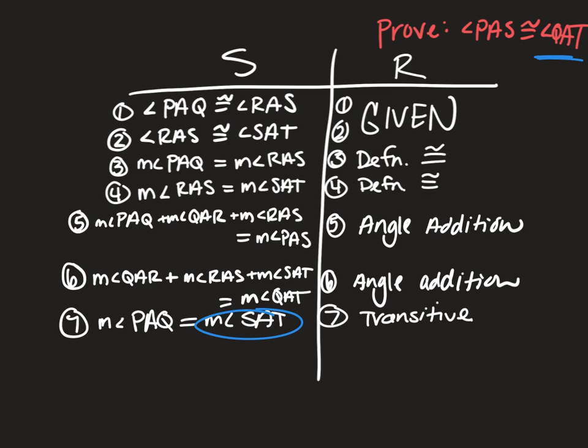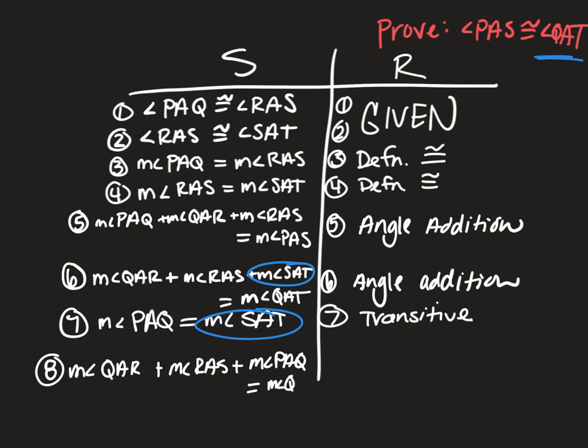Because we know this is equal to the PAQ. So then line 8 is QAR plus RAS plus PAQ is equal to QAT.